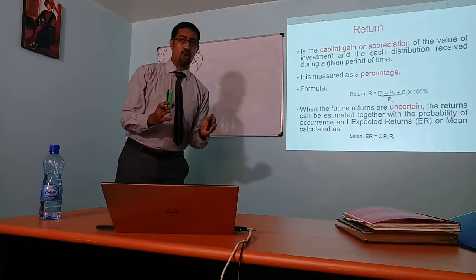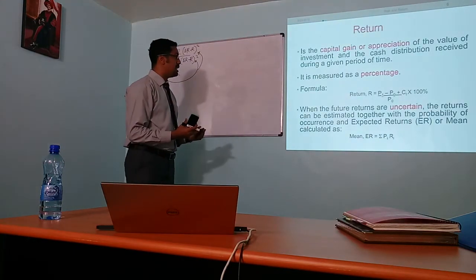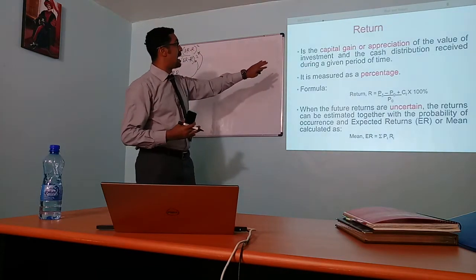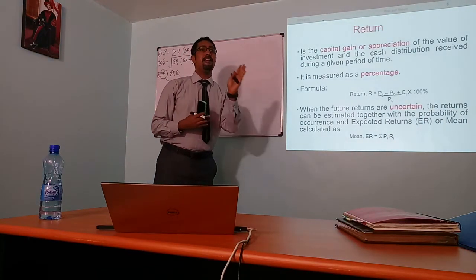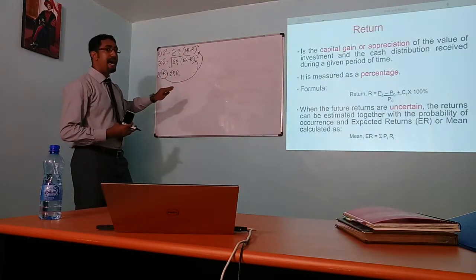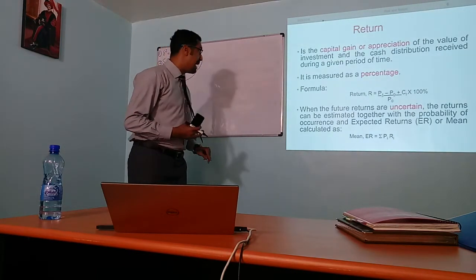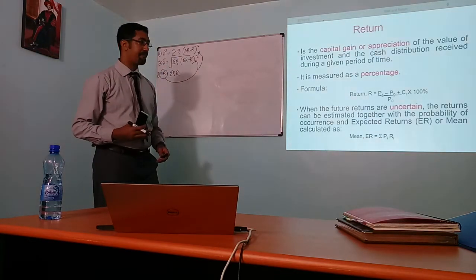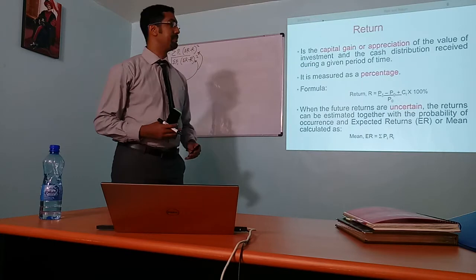So in any situation that we get ourselves into, if you are given a question to calculate risk and return, the first approach is to calculate returns. Thereby, you will be able to calculate standard deviation and the variance. I hope that is clear.